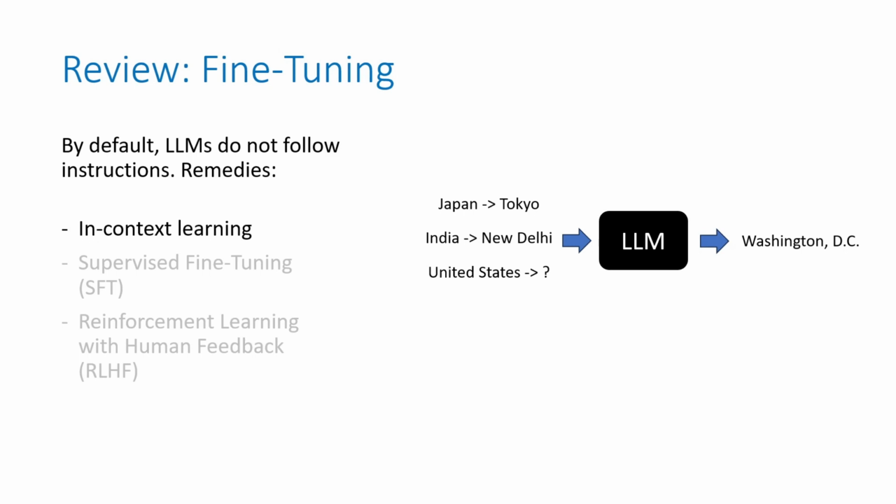This is also called few-shot learning. Note that in this method, the weights of the model remain unchanged, so it does not need any training. This is a very helpful technique if you want to hack together a quick solution or if your problem only needs generic knowledge and reasoning.